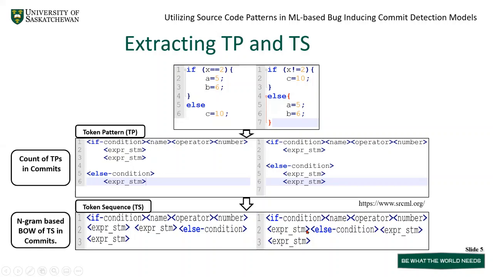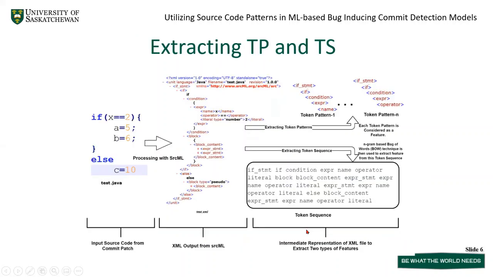machine learning models. I want to show another example of a code segment. Applying this code segment will provide this XML representation, and from it we will get a hierarchy of tokens, which are referred to as token patterns, and also a sequence of tokens, which is the token sequence.